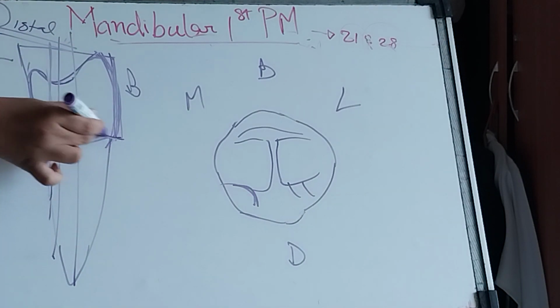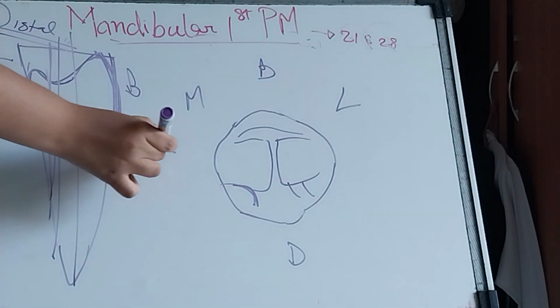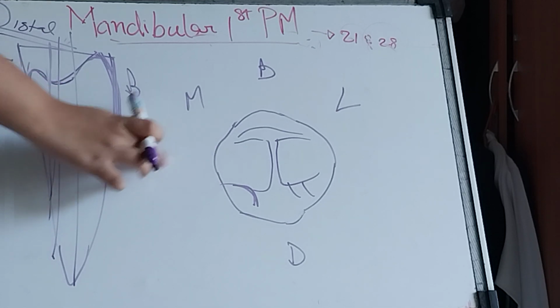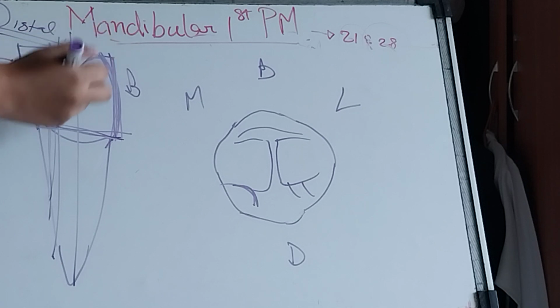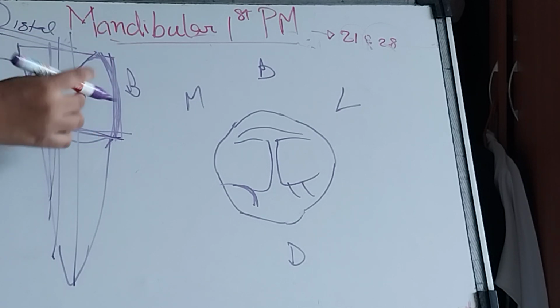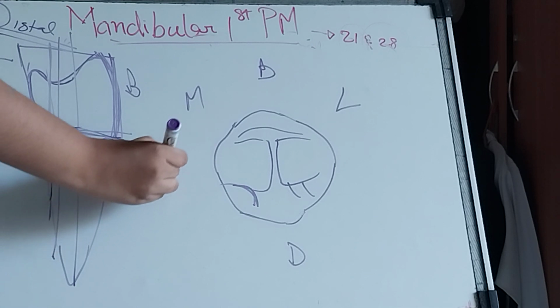This is the root axis, it's perpendicular over here. There it was sloping in the mesial aspect, and the distal marginal ridge is placed at a higher level than the mesial marginal ridge from the cervix. If this is the distal marginal ridge, then it is placed at a higher level.